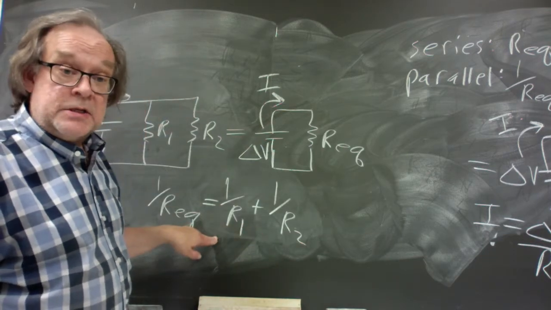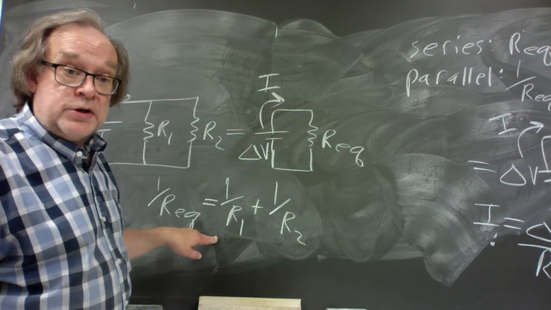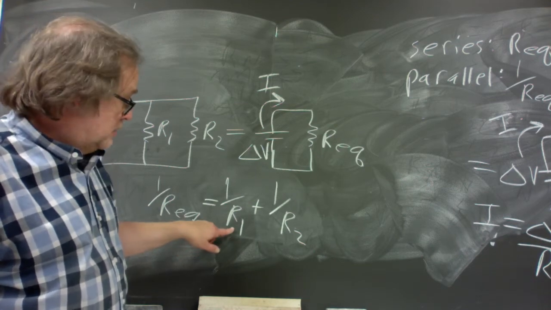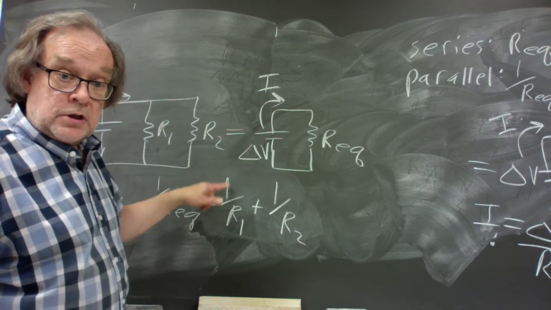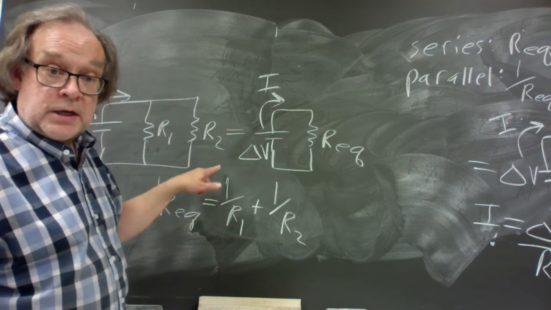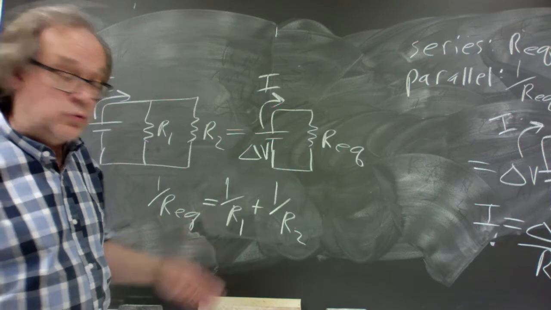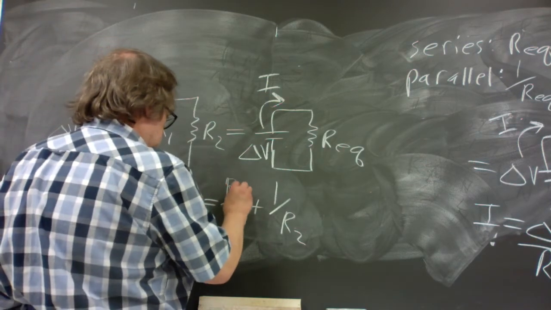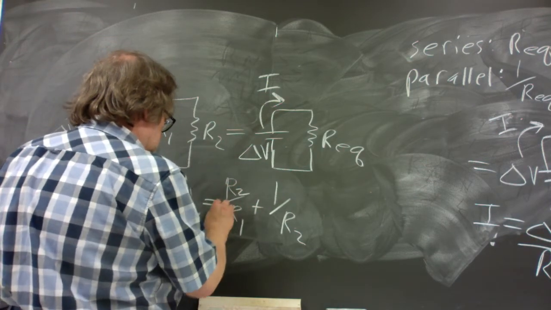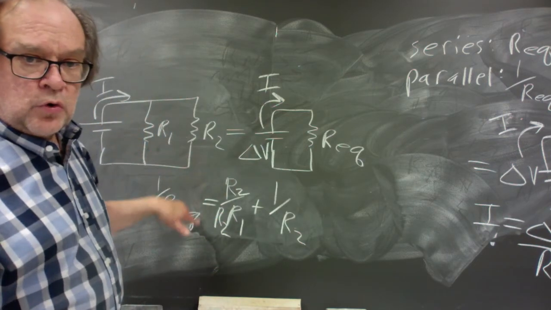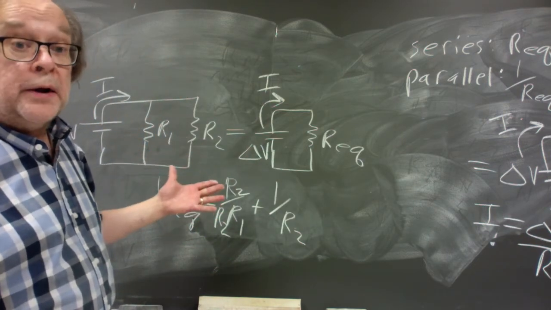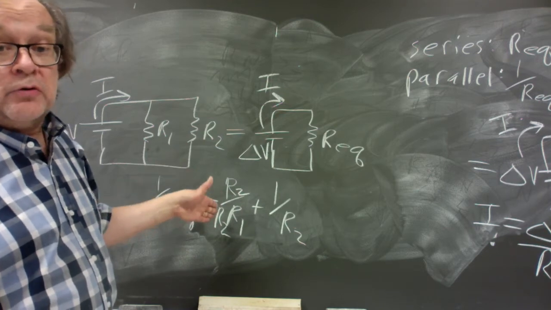The simplest common denominator here would just be R1 times R2. So to make this into R1 times R2, you multiply numerator and denominator by R2. R2 over R2 is just 1, so you really haven't changed the value of this thing.